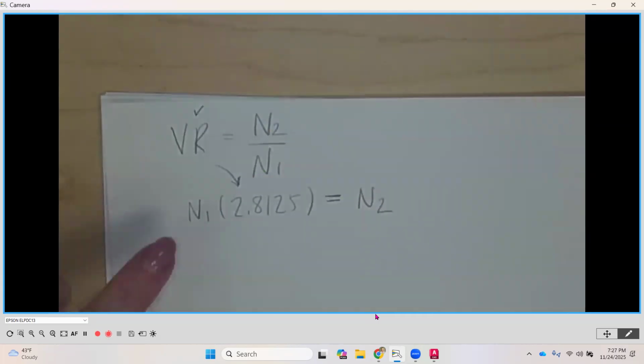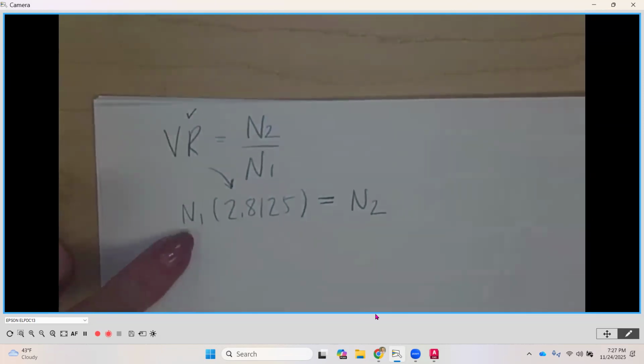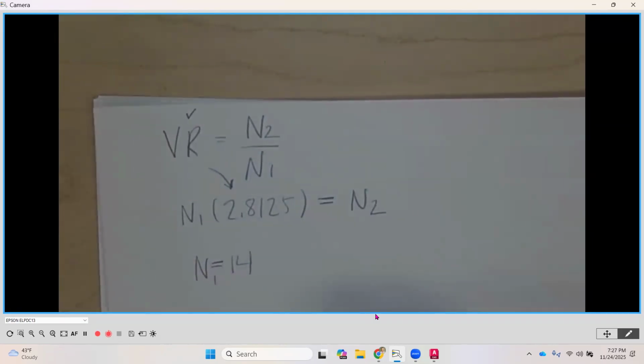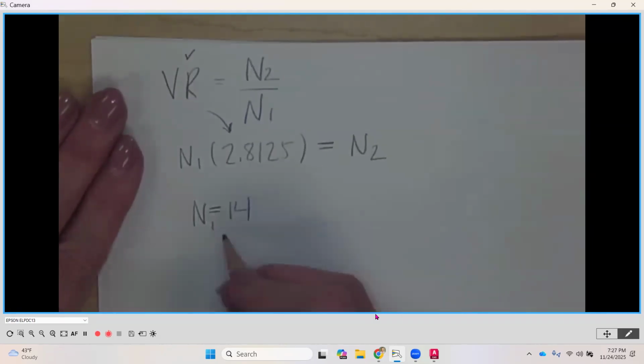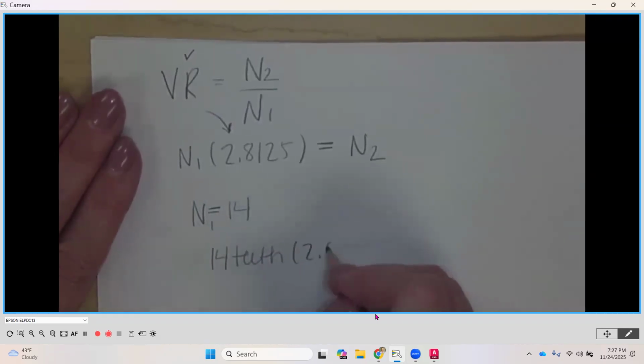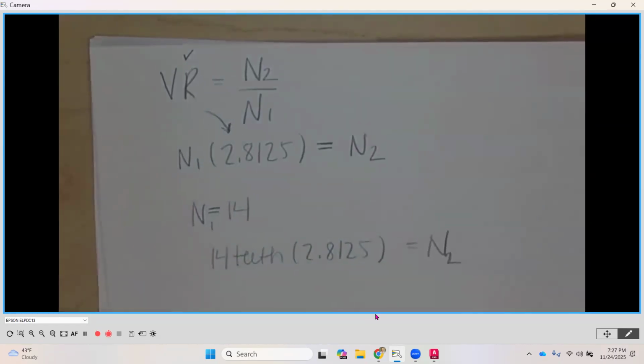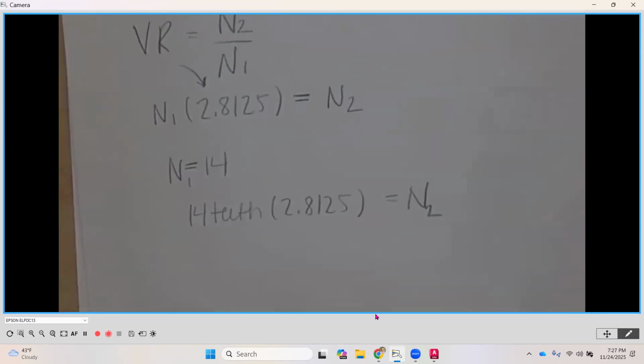So I'm going to start here with N1 equal to 14. That means I'm going to take 14 teeth times 2.8125, and I'm going to calculate what N2 is going to be. So what do you get for a value of N2?